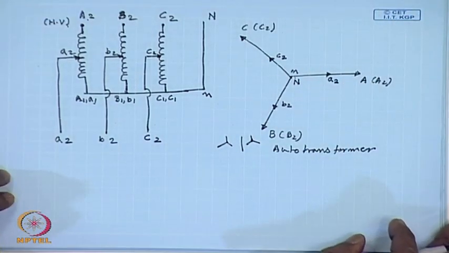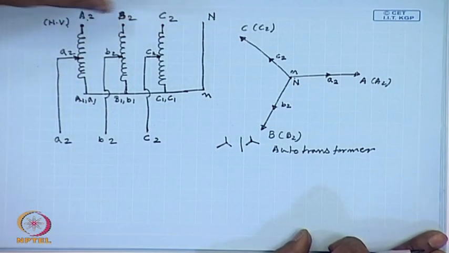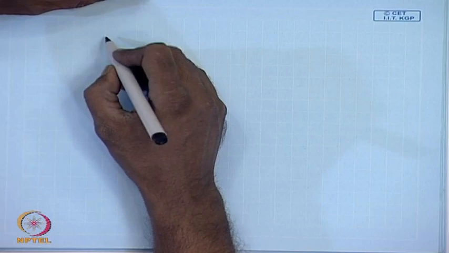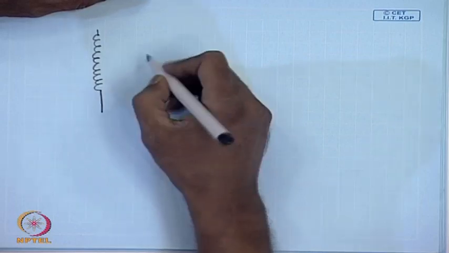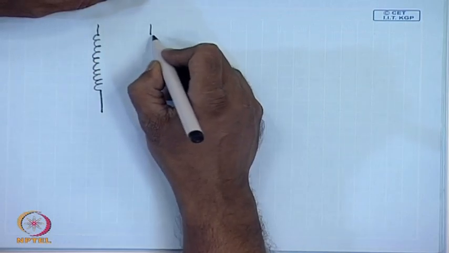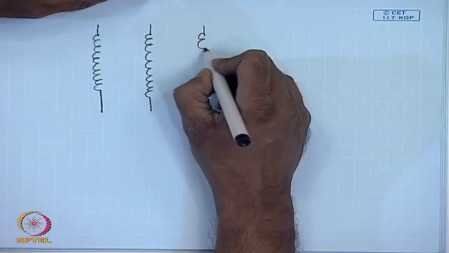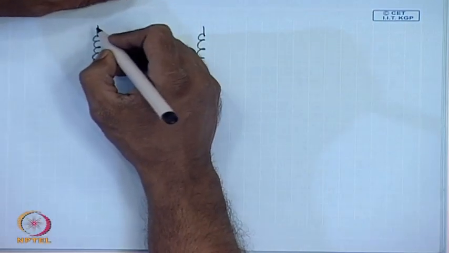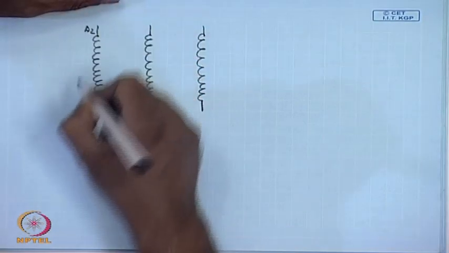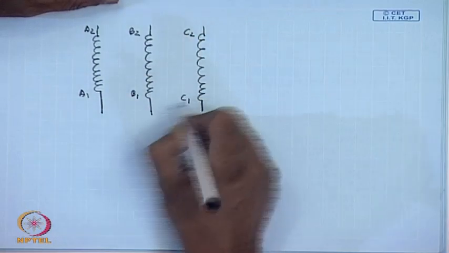Now, if we connect the windings in delta, that is, we again have three HV windings connected in delta, that is, this is A2, A1, B2, B1, C2, C1.